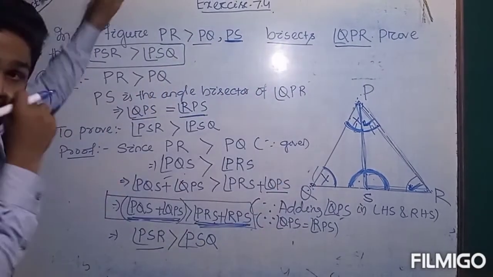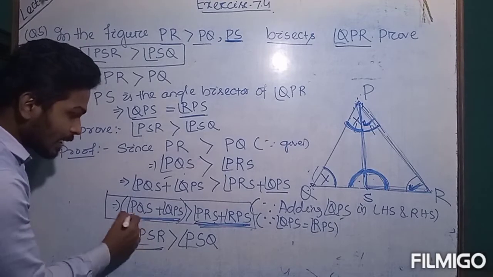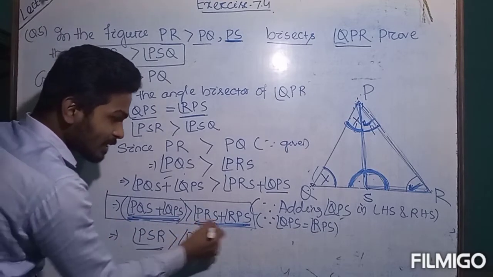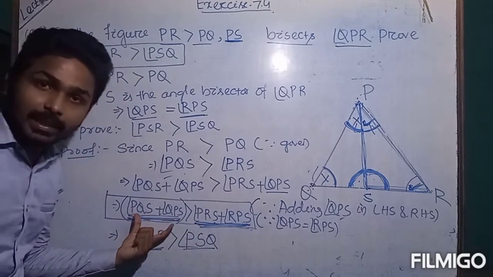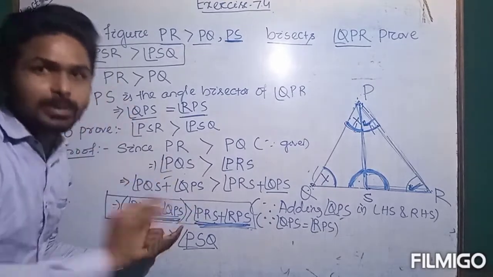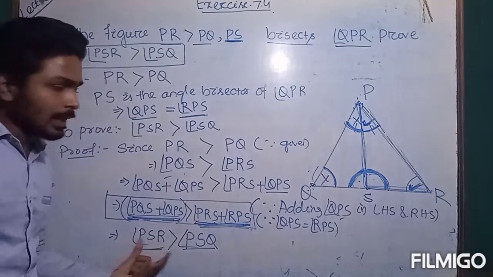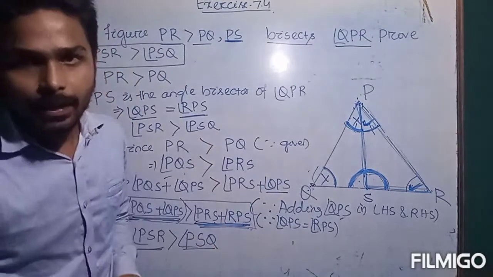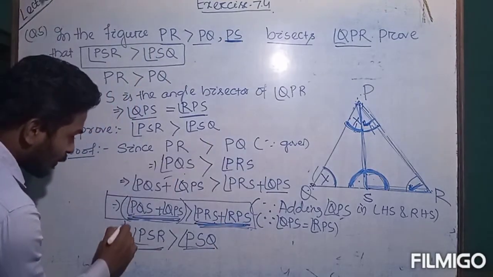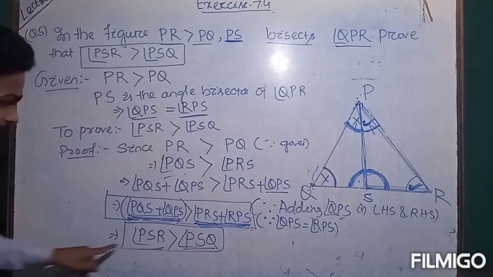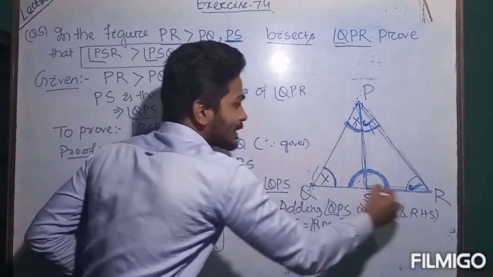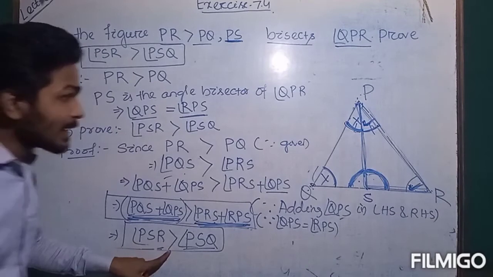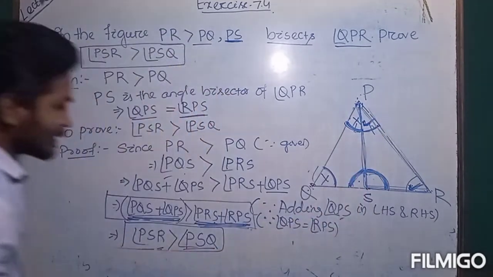You understand this? Why I substitute this in the place of this, and why I substitute this in the place of this? Because these two are the interior opposite angles for this exterior angle, and these two are the interior opposite angles for this exterior angle. So what have we found here? We have found that angle PSR is greater than angle PSQ.